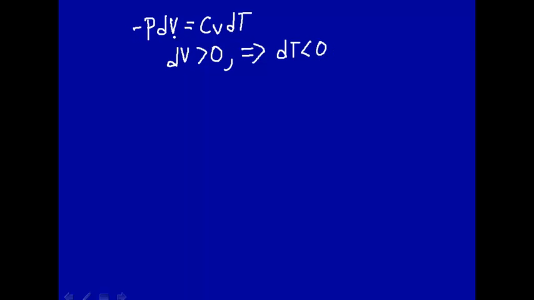So if that's greater than 0, this has to be less than 0. Pressure and heat capacity at constant volume are all positive numbers. So this implies that the temperature decreased in the adiabatic irreversible expansion.